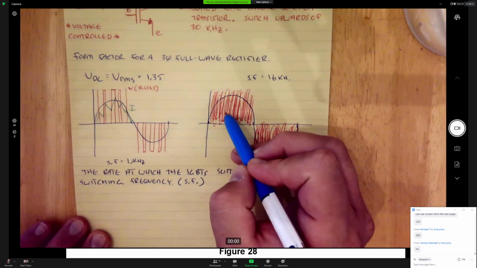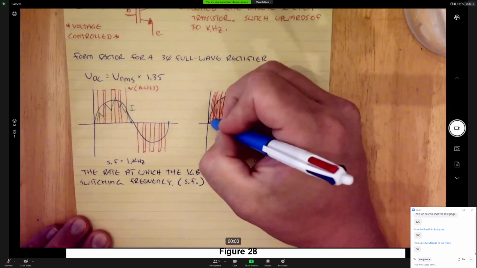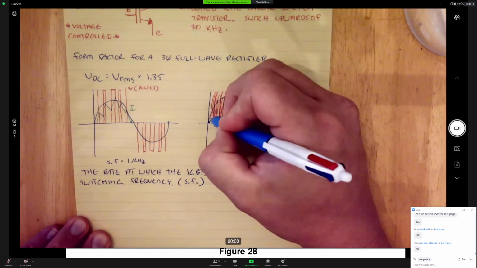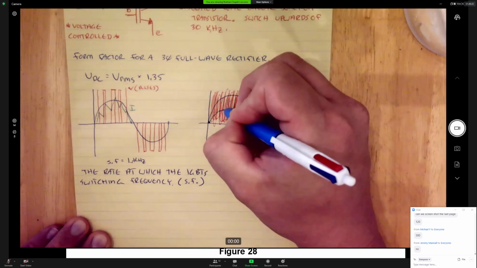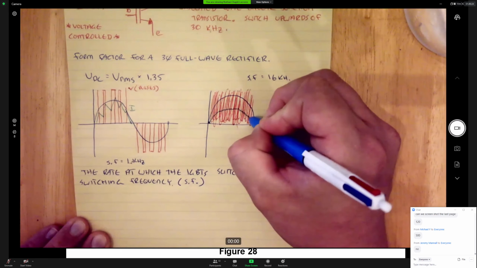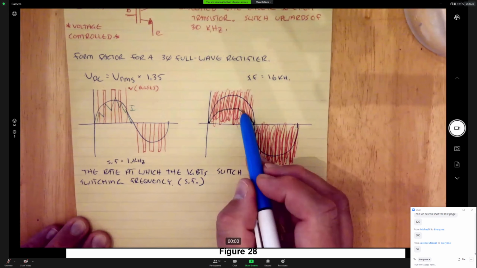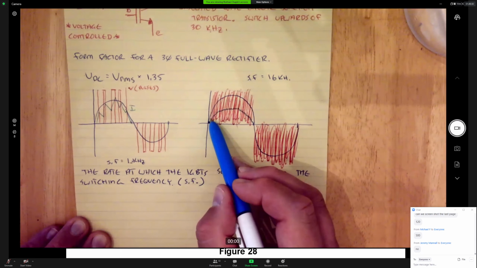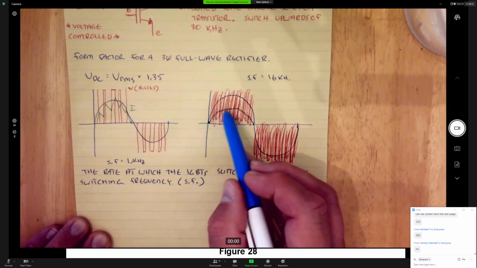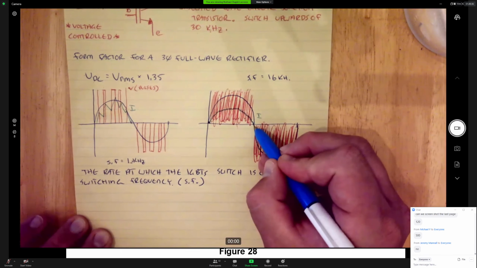Because these pulses are all so close together and overlapping, what happens is, though the current waveform is a jagged line, you can see how all those little jaggedy edges, when they're happening so quickly, actually make the current look like it's more of a sine wave.